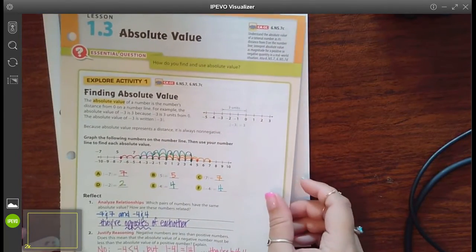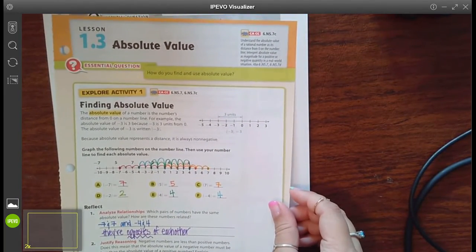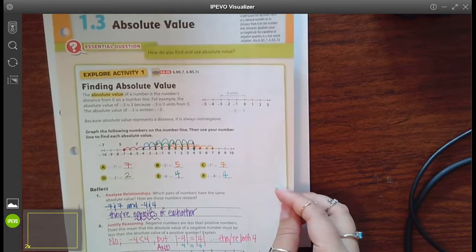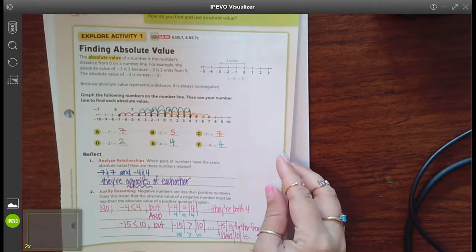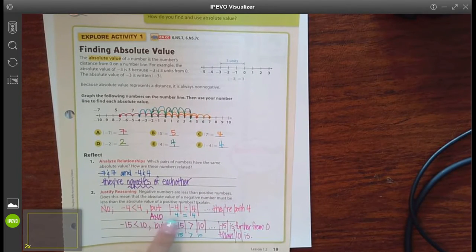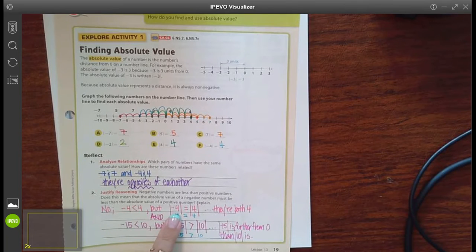Okay. And then my next question asks me, negative numbers are less than positive numbers. Does this mean that the absolute value of a negative number must be less than the absolute value of a positive number? Explain. What do you think? Well, no, because yes, -4 is less than 4, but the absolute value of -4 is actually equal to the absolute value of 4.